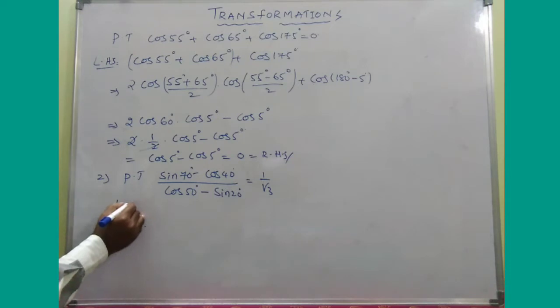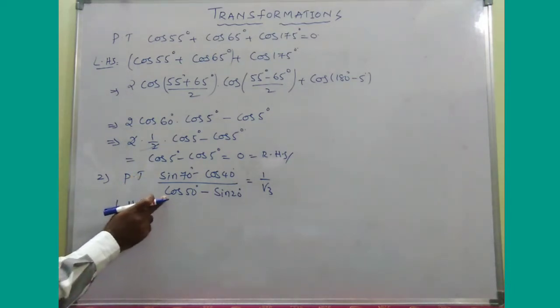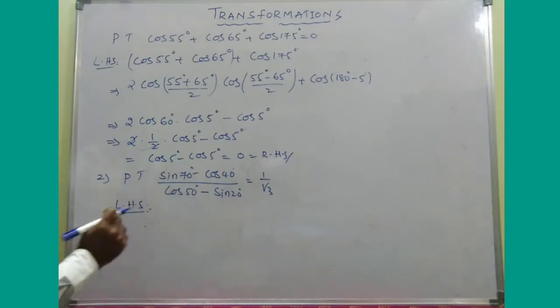So coming to LHS, look at the numerator and denominator. One is sine, one is cos, isn't it? So we cannot do it like this. So it is better to change both into either sine or cos.